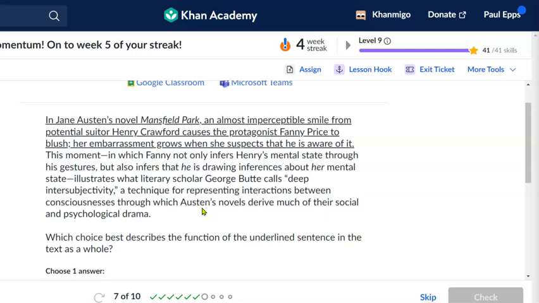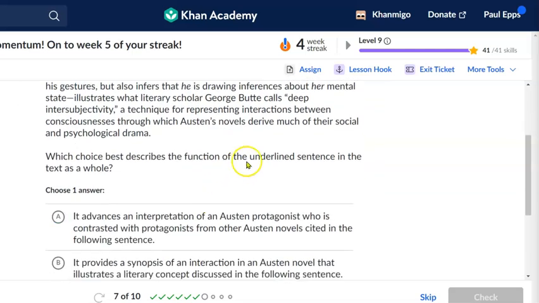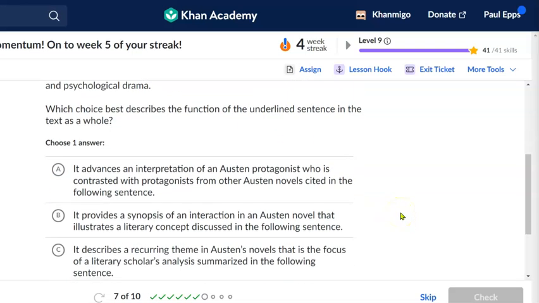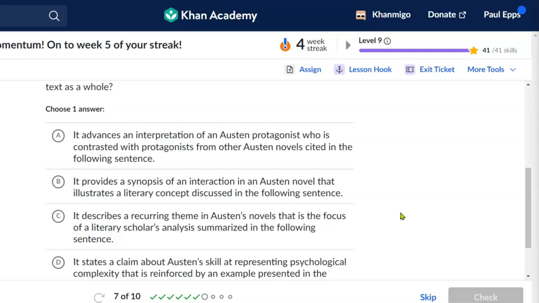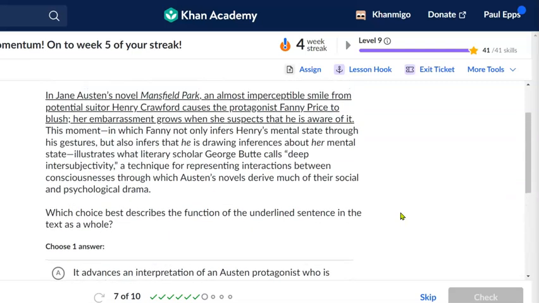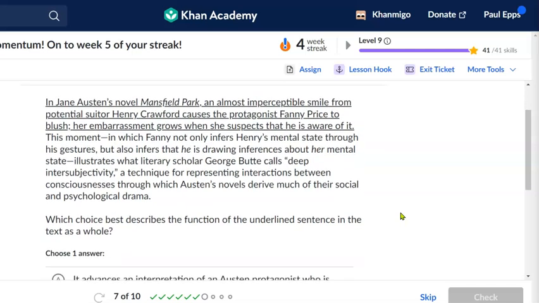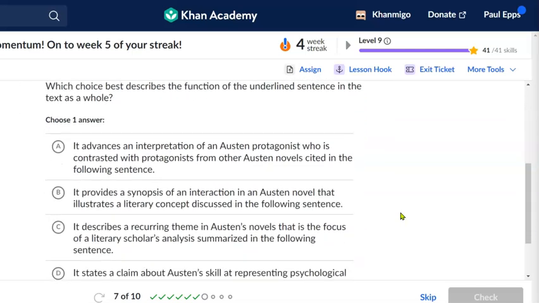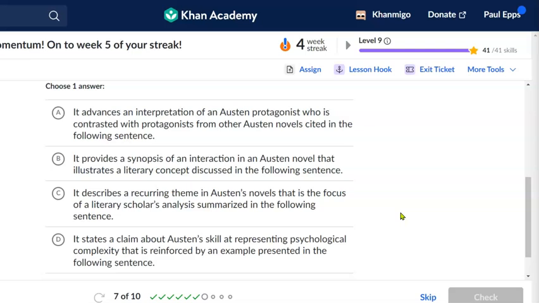Okay, just the underlined sentence. Advances an interpretation of a protagonist contrasted with other protagonists. No. Provides a synopsis of an interaction in an Austen novel that illustrates a literary concept discussed in the following sentence. Yes, the concept of deep intersubjectivity. It describes a recurring theme in Austen's novels that is the focus of a literary scholar's analysis.